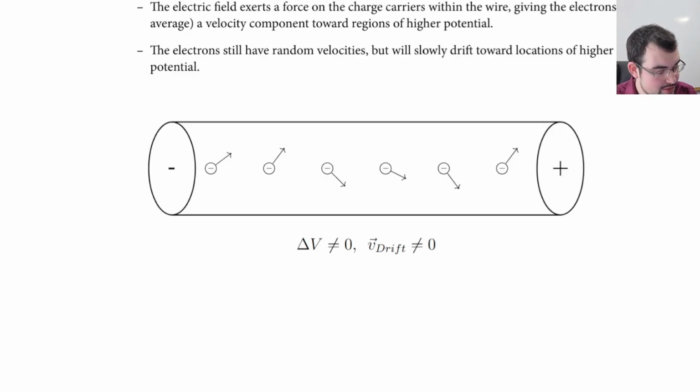So if this becomes a positive end, regardless of where they're at, these electrons are going to feel a force this way. So they're getting pushed this way. They're still random. A lot of them still cancel, but they're just tending to be drifting a certain way.